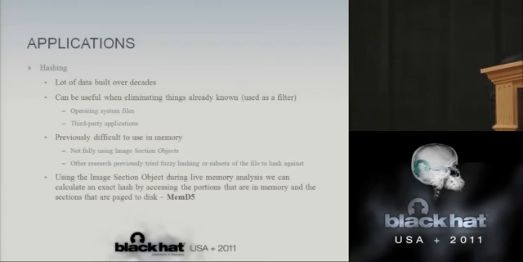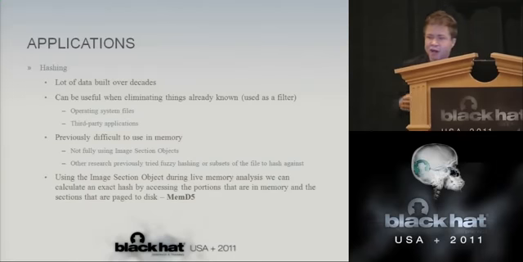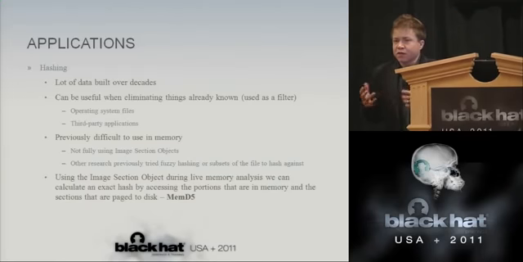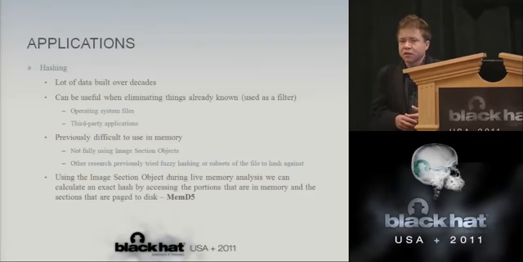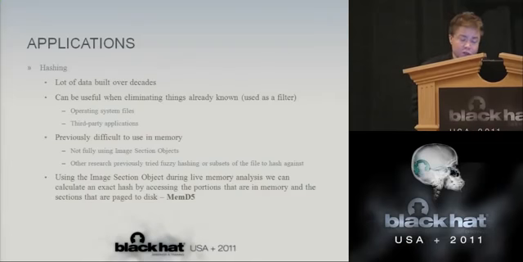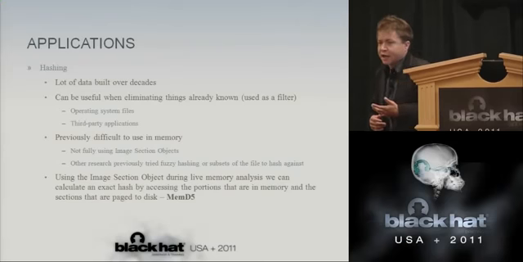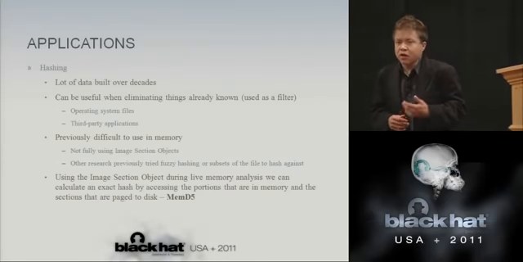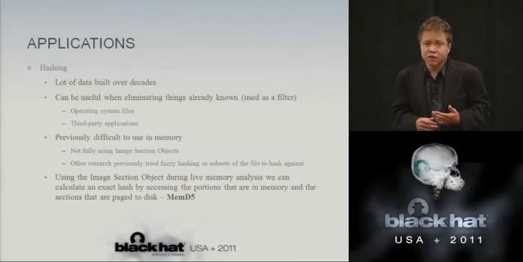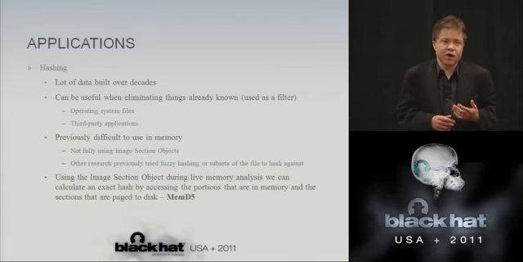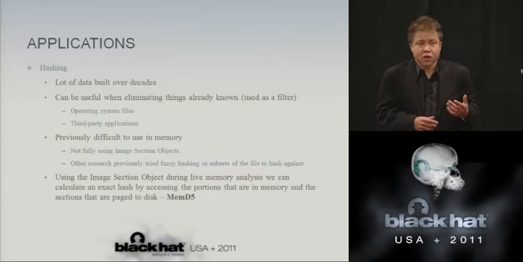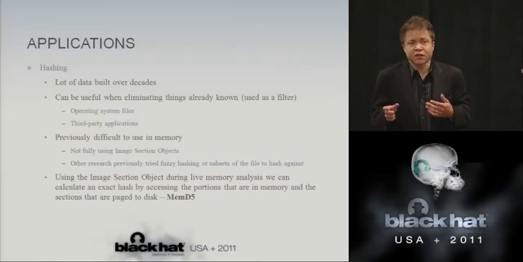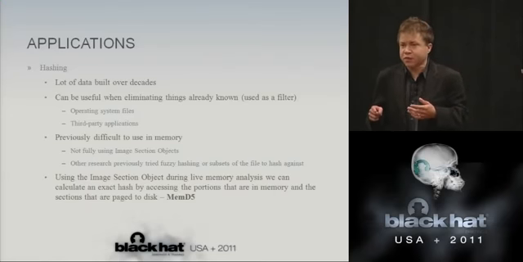Another problem is that since you're only looking at a piece of it, other pieces within the file could have changed. So that may cause you to draw some incorrect conclusions. But if we use these section objects, we can get a lot more data out of the file. In fact, if we are running on a live system where we can access those pages that have been paged to the file system, right?